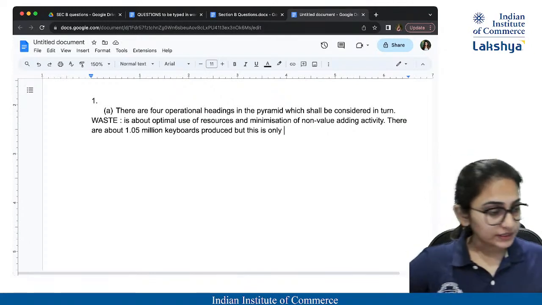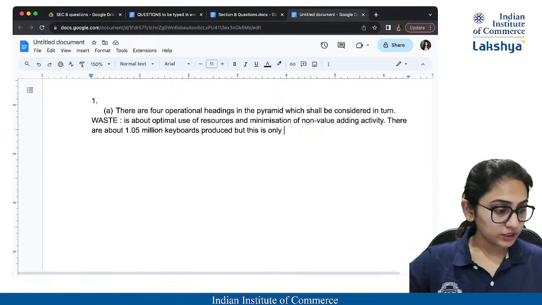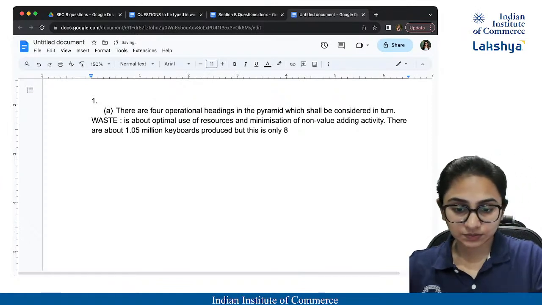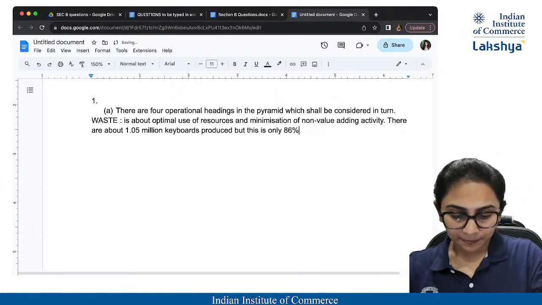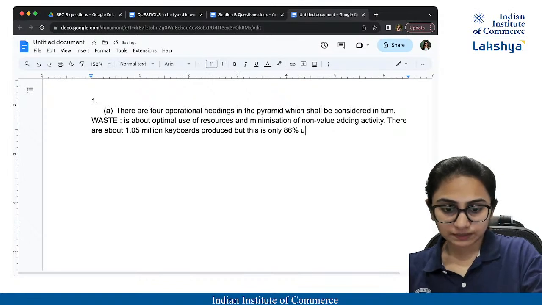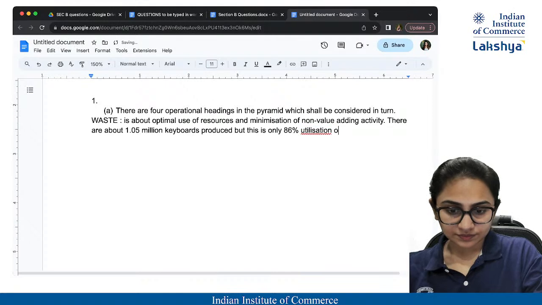If you calculate total utilization, this is only 86% utilization of the capacity of the factory.